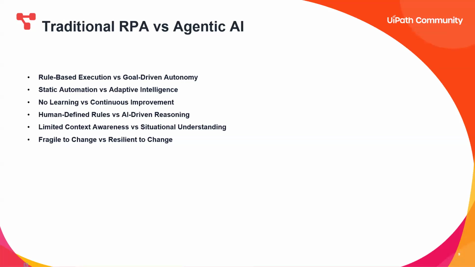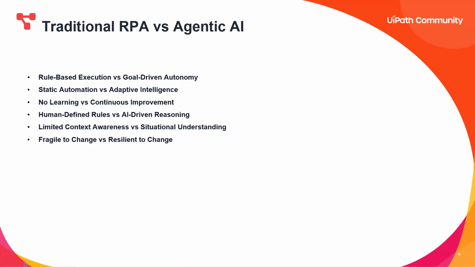Fifth is limited context awareness versus situational understanding. RPA executes blindly without understanding. Agentic AI adapts based on full context, which enhances decision accuracy and responsiveness. And finally, the sixth pointer: fragile to change versus resilient to change.